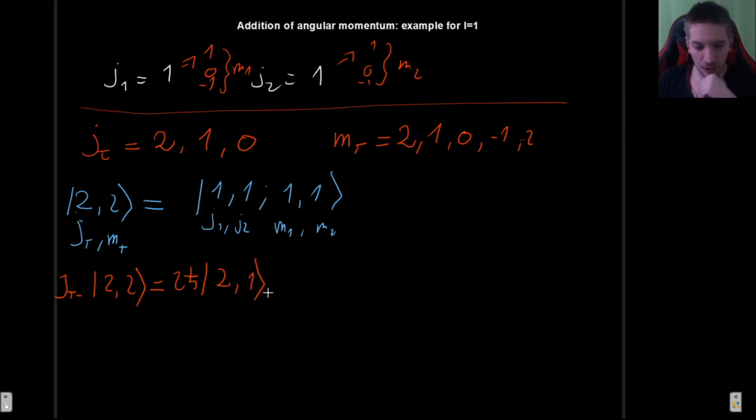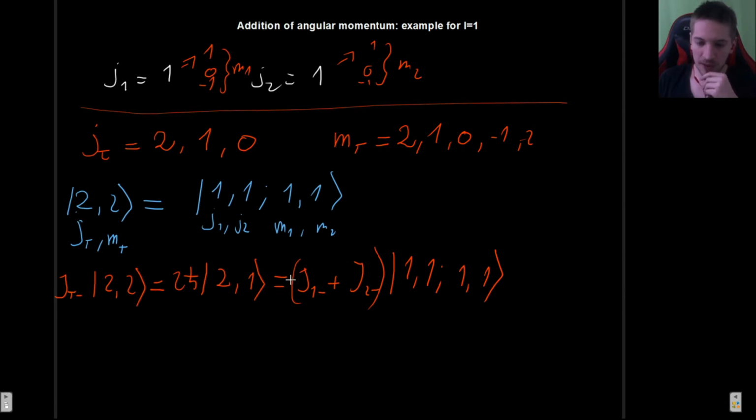That's why we apply the lowering operator, because we know that it gives us a state with a lower m. And this, of course, has to be the same as applying the lowering operator to this state right here. So that's going to be the J1 minus plus the J2 minus, that's the total lowering operator, the sum of these two, and this acts on ket 1, 1, 1, 1.